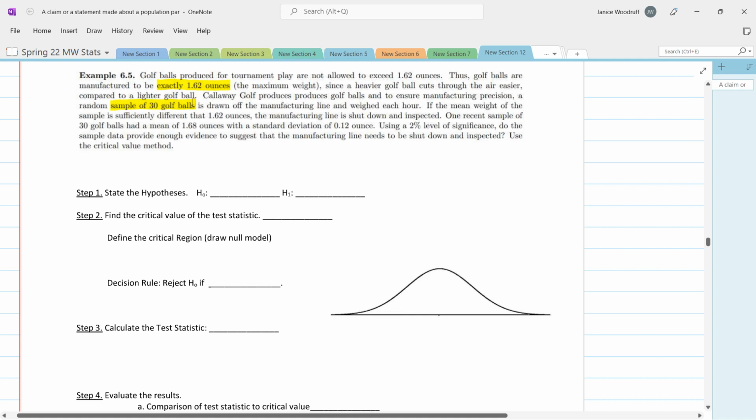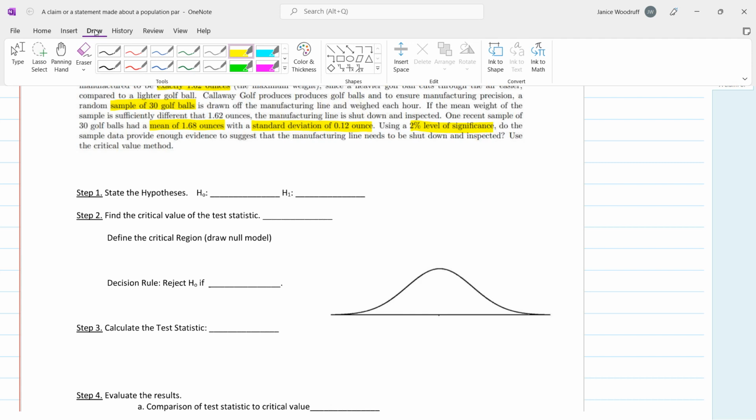If the mean weight of the sample is sufficiently different than 1.62 ounces, the manufacturing line is shut down and inspected. One recent sample of 30 golf balls had a mean of 1.68 ounces with a standard deviation of 0.12 ounces. Using a 2% level of significance, do the sample data provide enough evidence to suggest that the manufacturing line needs to be shut down and inspected?